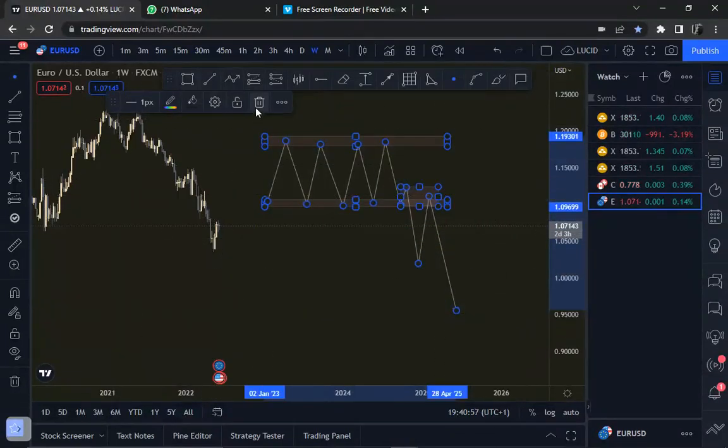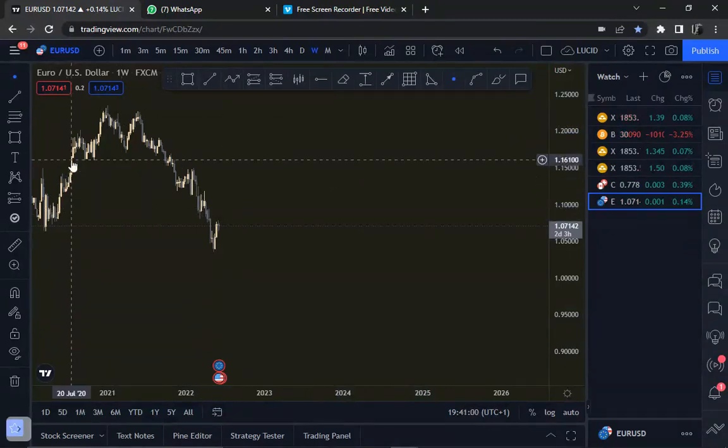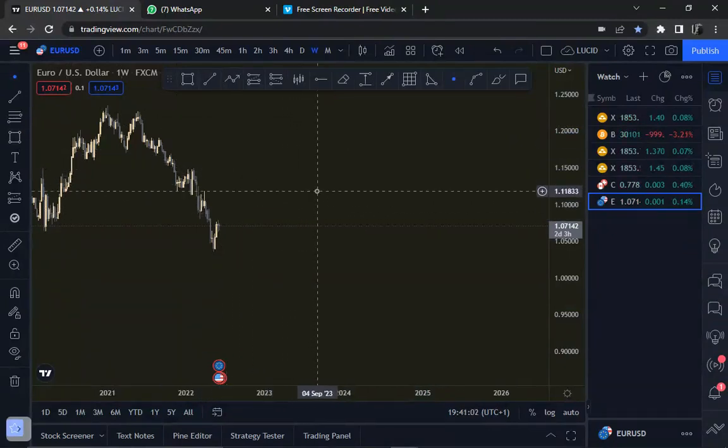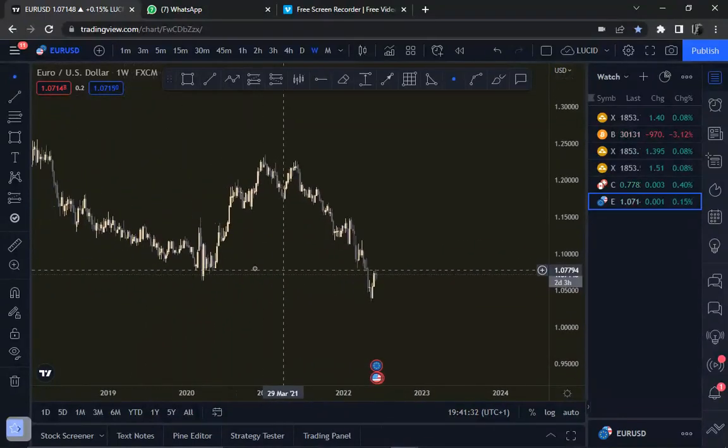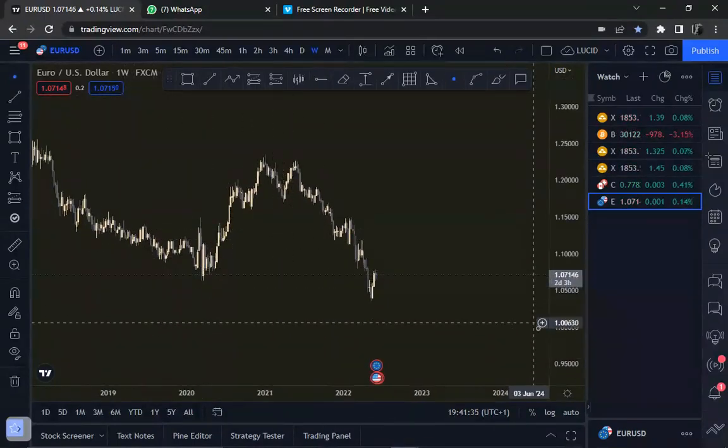So how do we know these order blocks? What candles should we be looking for? We should be looking for the inside bar candlesticks, the doji candlesticks, and the hammer or shooting star. These three are the main candlesticks you should be looking for. So I hope you know your candlestick patterns.